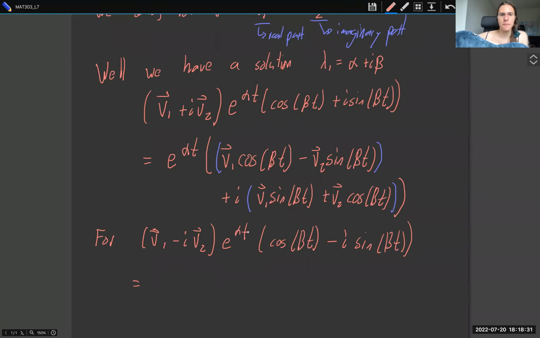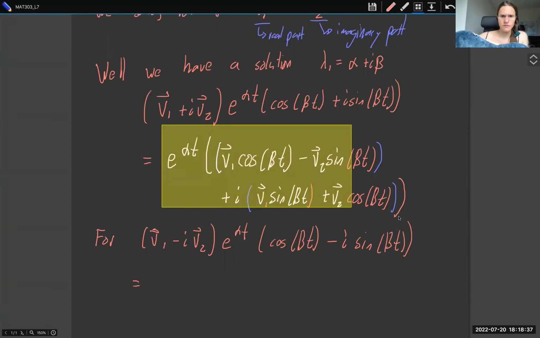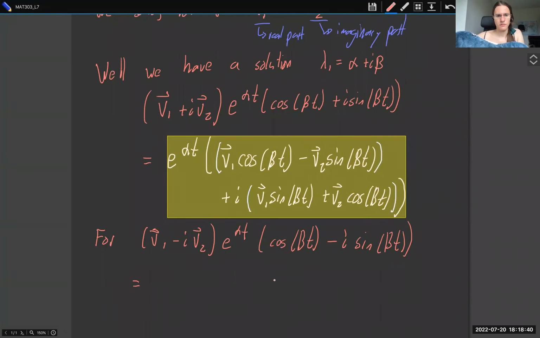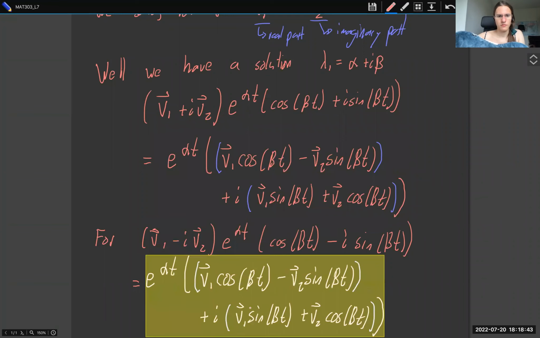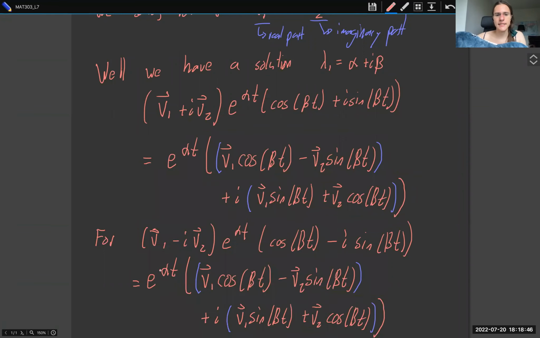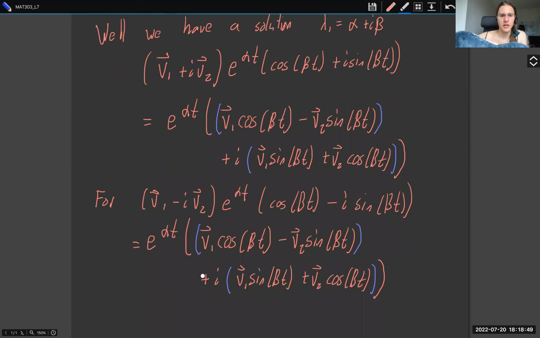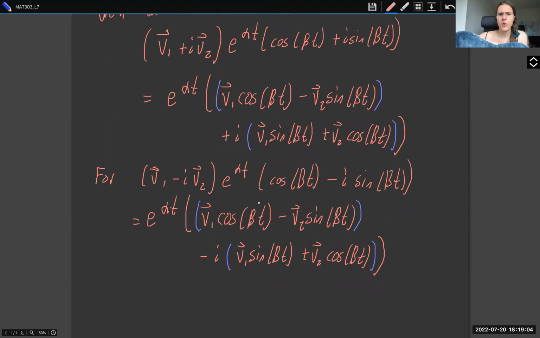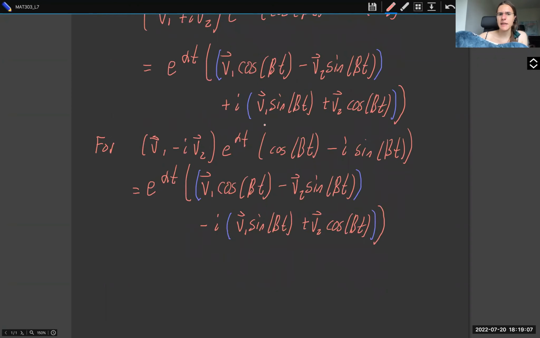So we are going to get basically the same expression as here, except for the fact that the cross terms are going to change. So this is going to become minus i, right? Because the terms with the two minuses cancel out, it's only for the cross terms that the minuses don't cancel out. And so the real parts are the same and the imaginary parts are negatives of each other, but that gives us two linearly dependent things that are just related by a constant.